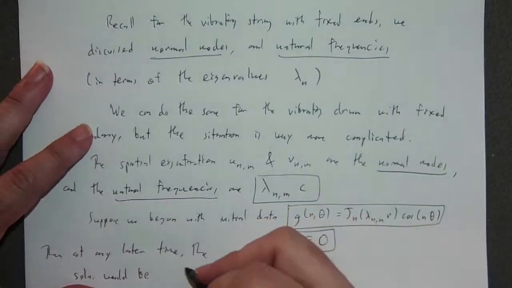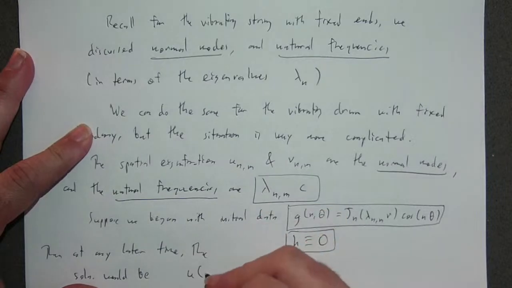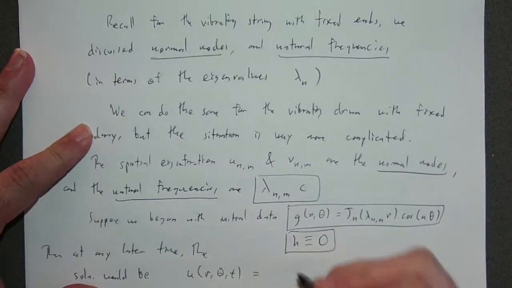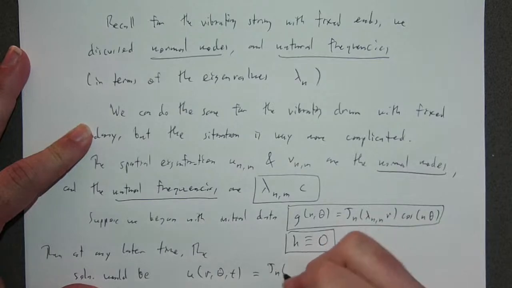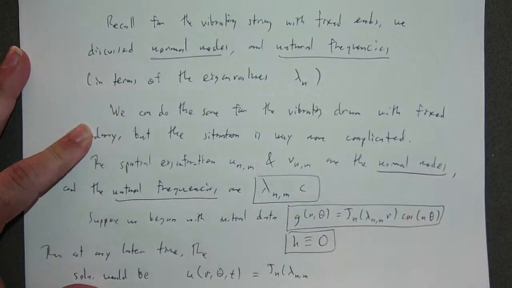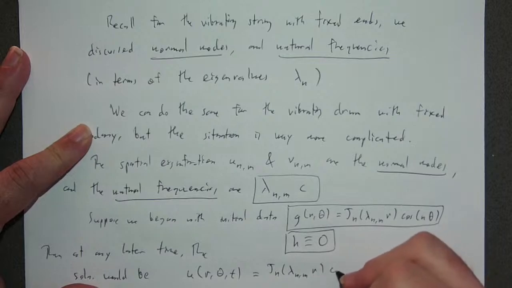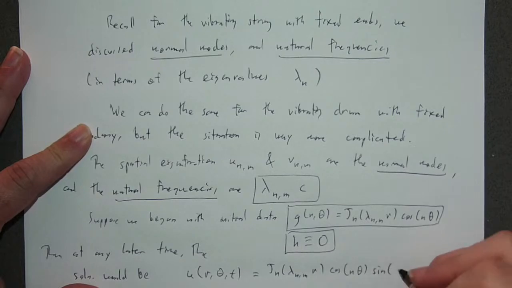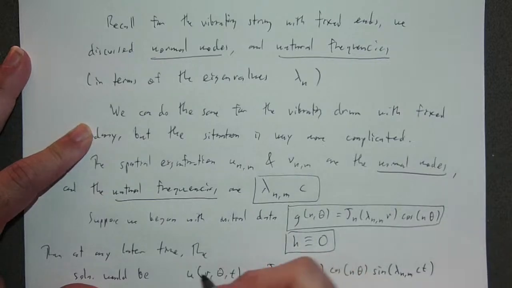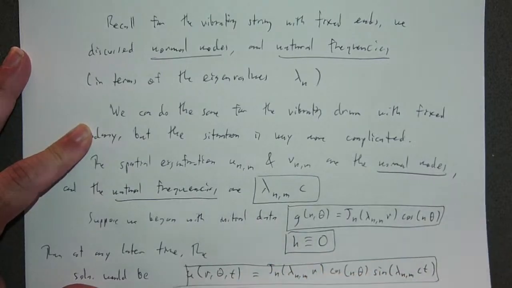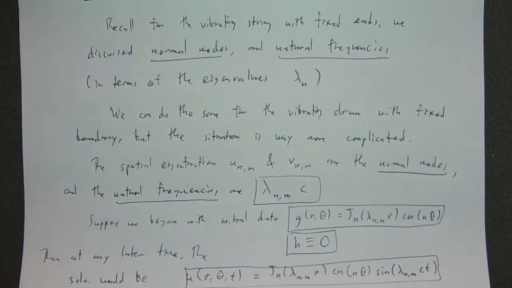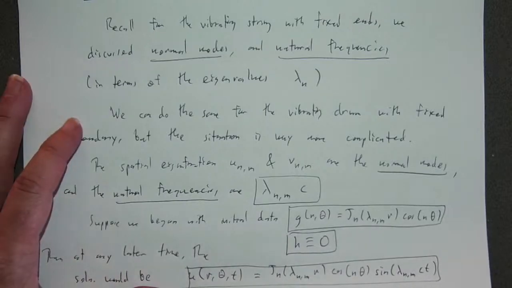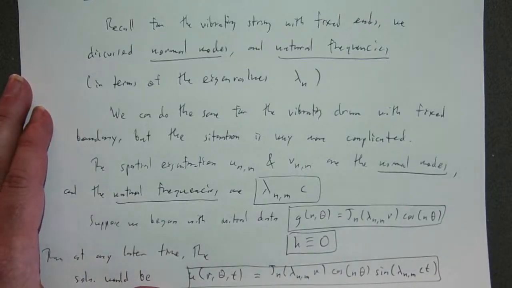So what I get is u of r theta t is J sub n of lambda nm r, cosine of n theta, sine of lambda nm ct, which tells me what? That this is going to be a constant times the initial shape, right?